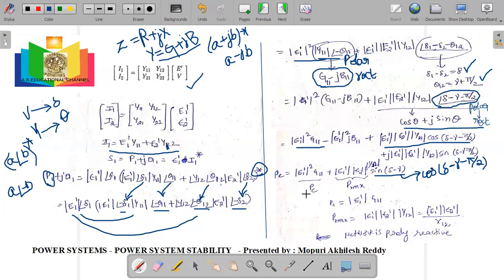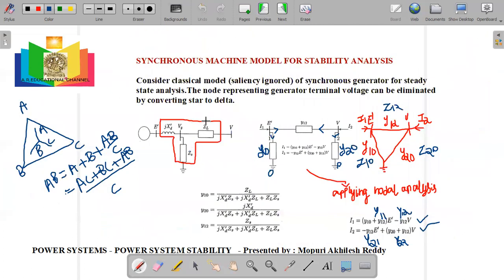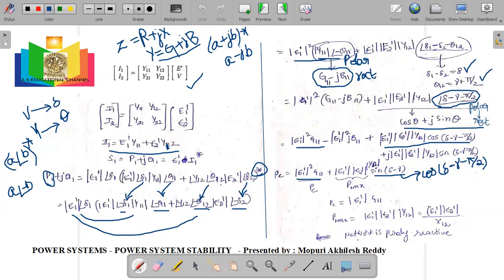Now, this term I am taking as PC. If you see this circuit in the previous slide, here we had ZL, ZS and JXD dash. So the network is almost purely reactive. What is meant by reactive?